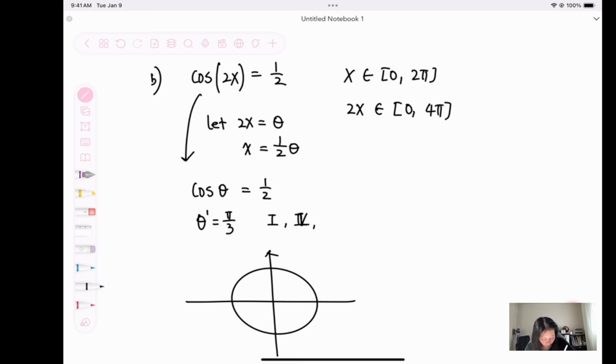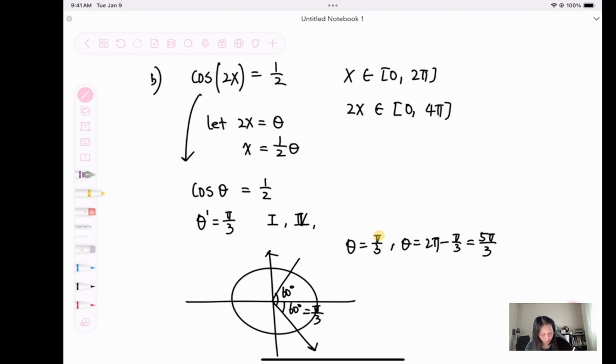We found that the first one is 60 degrees, that's the easy one. And the second one, also 60 degrees, or pi over 3. So the two solutions would be either pi over 3, and the second one would be 2 pi minus pi over 3, which is 5 pi over 3.